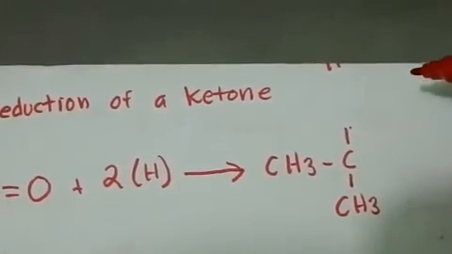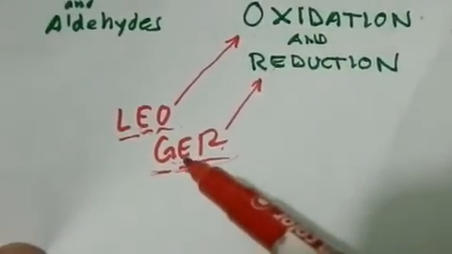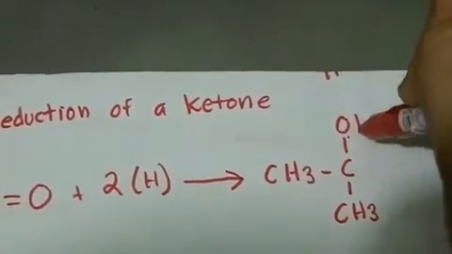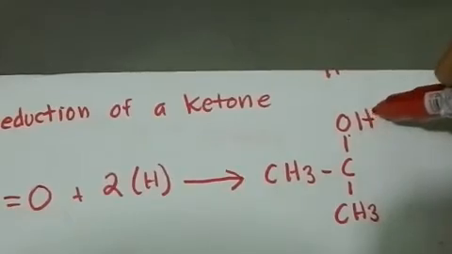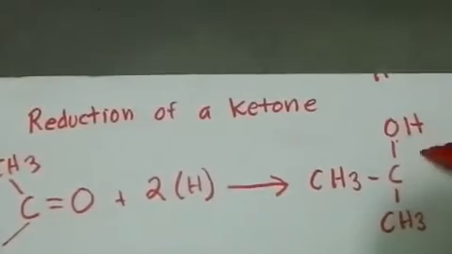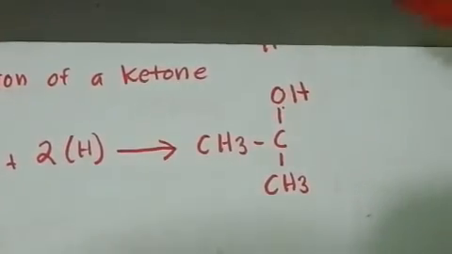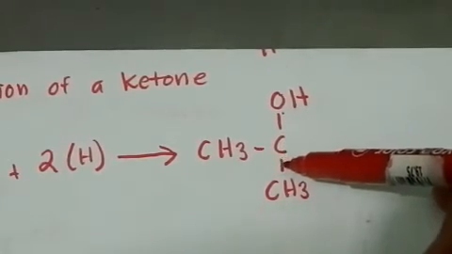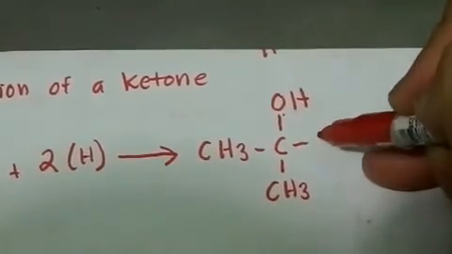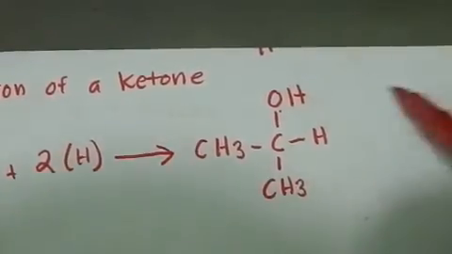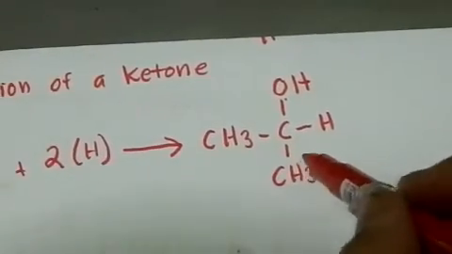Here, we're going to be doing reduction, and remember, during reduction, we gain electrons. So this oxygen is going to gain a hydrogen, meaning it would lose one of the bonds here. So how do we complete this? We only have 3 bonds connected to this carbon. We should have 4. So let's add another one here. We need 2 more because we're going to be adding 2. So this is your structure.